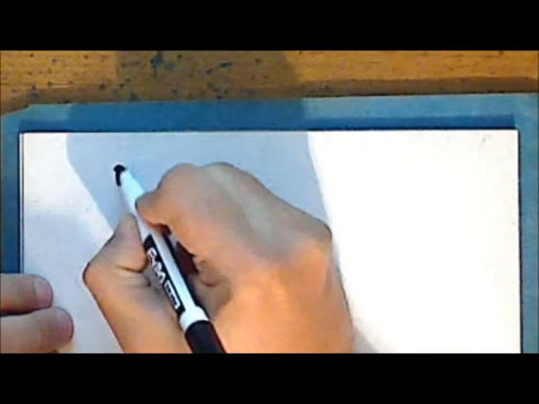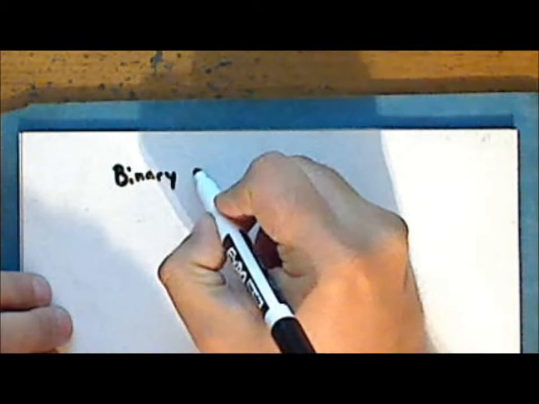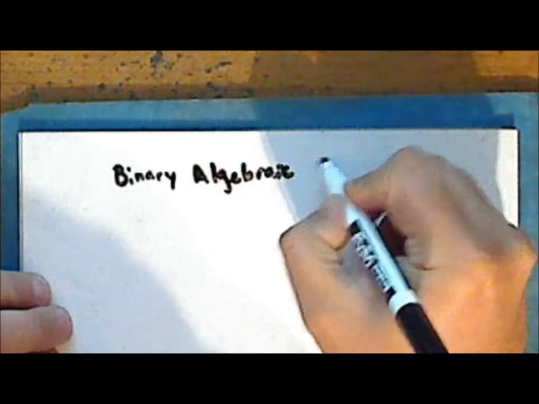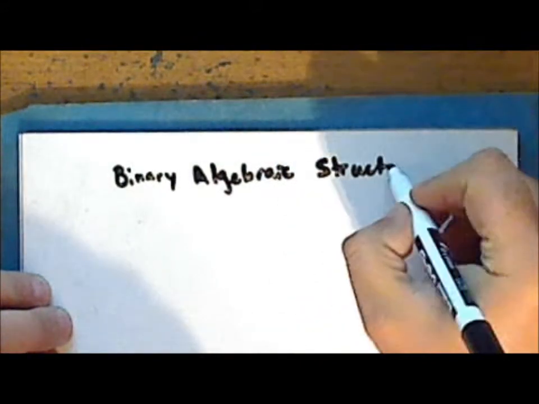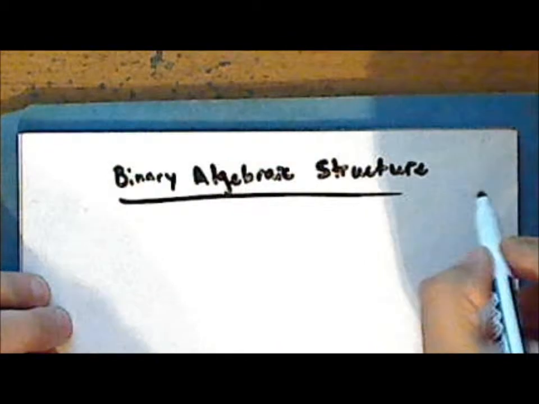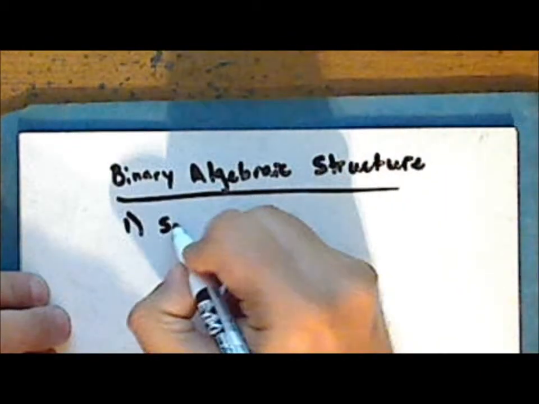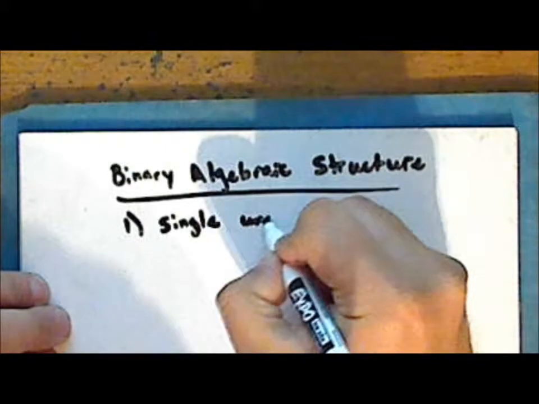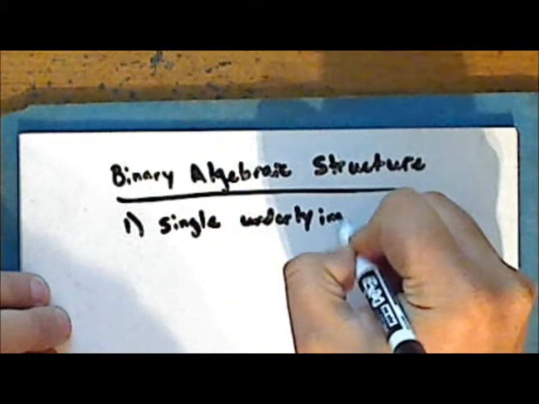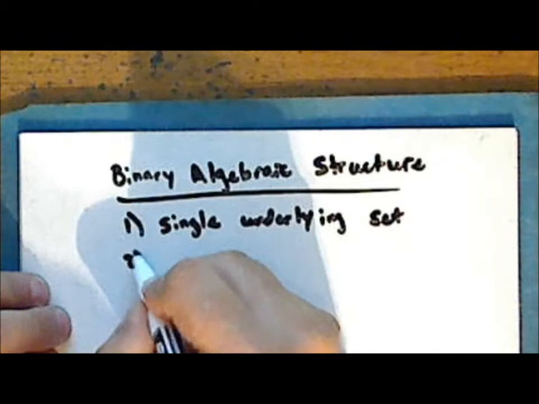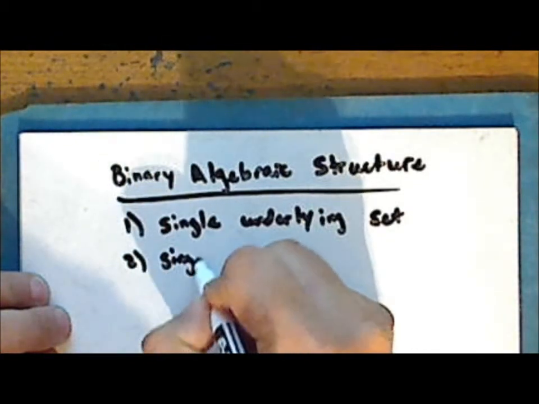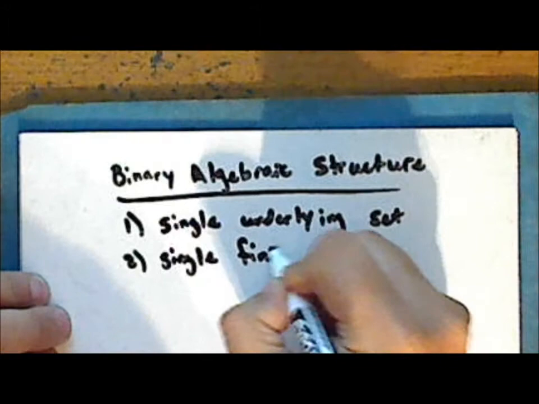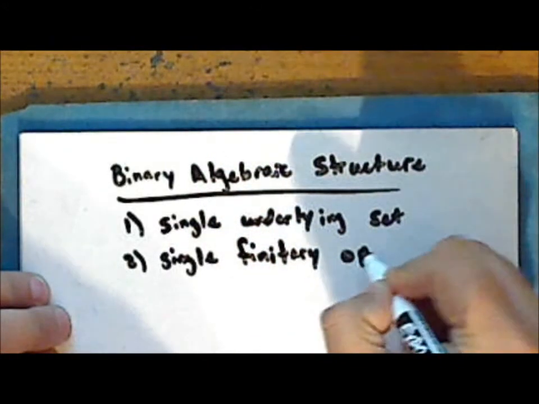Okay, so we will conclude this lecture with an introduction to binary algebraic structures. Now, in its most general sense, a binary algebraic structure consists of two elements, a single underlying set, and a single finitary operation.